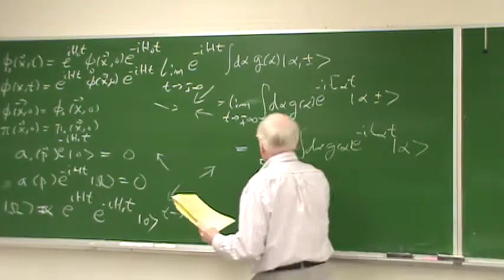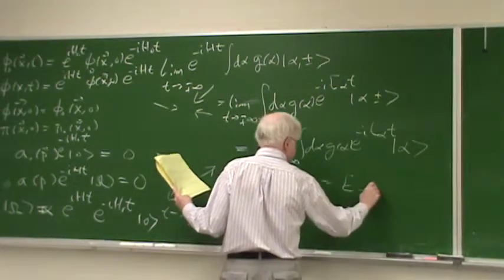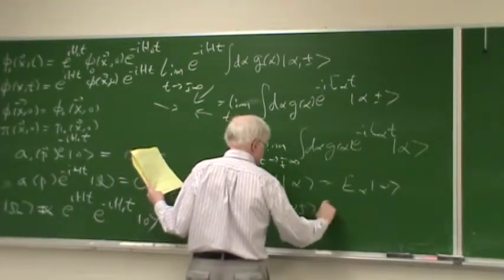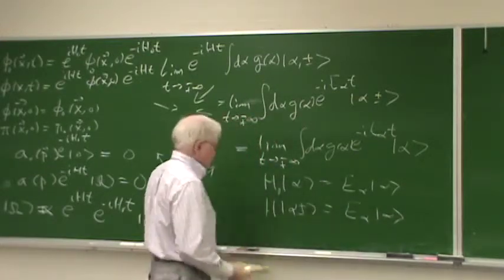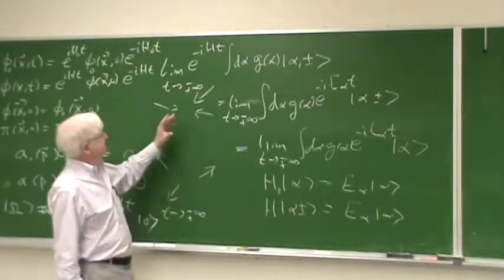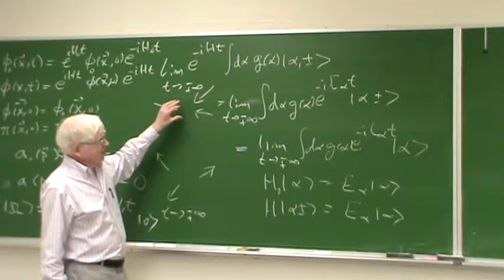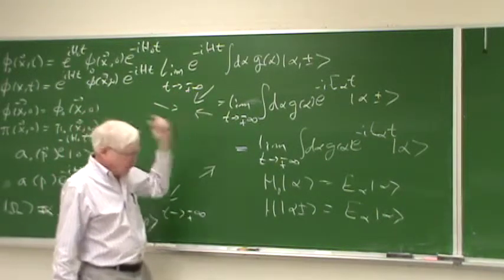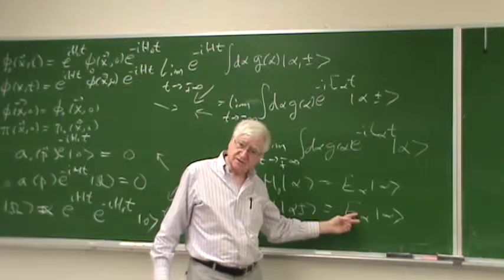So the idea is that H0 on alpha is E alpha times alpha, and H on alpha plus or minus is E alpha times alpha plus or minus, because these plus minus states would be multi-particle states, but the energy we're giving them is the sum of the single particle energies.